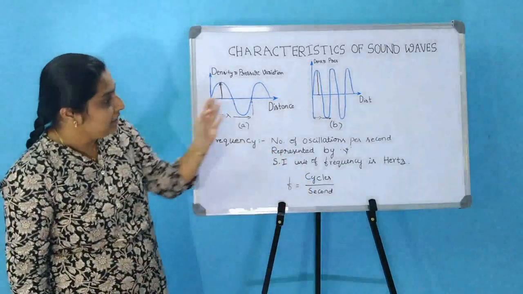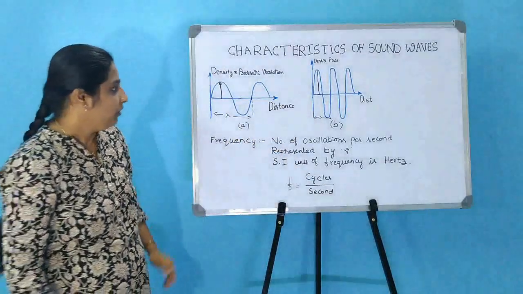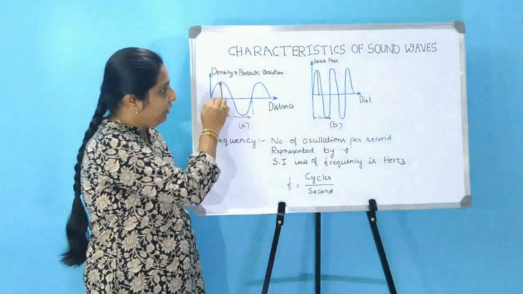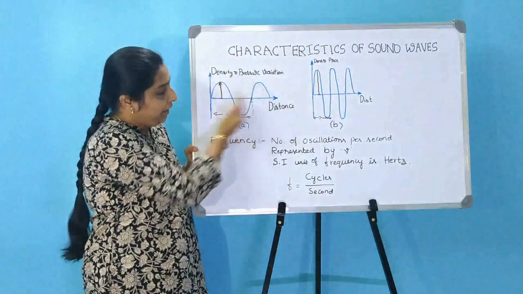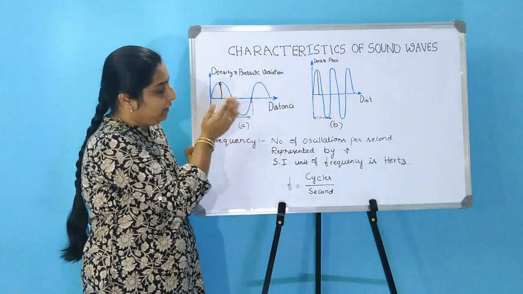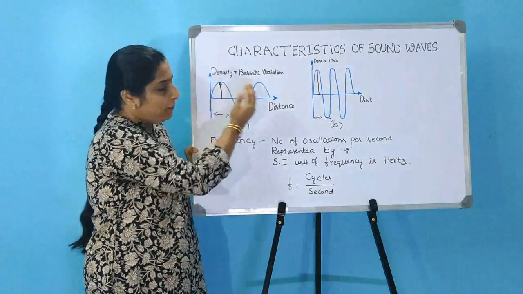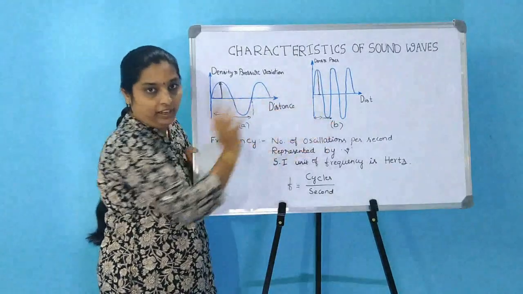Let us analyze these two graphs on the basis of frequency, which we have learned now. If you see the first graph here, you can see that the wavelength of this wave is more. So if I stand here and count how many waves pass through the given point in 1 second, let us assume it is x. X waves pass through the given point in 1 second. Let us go to the second graph.